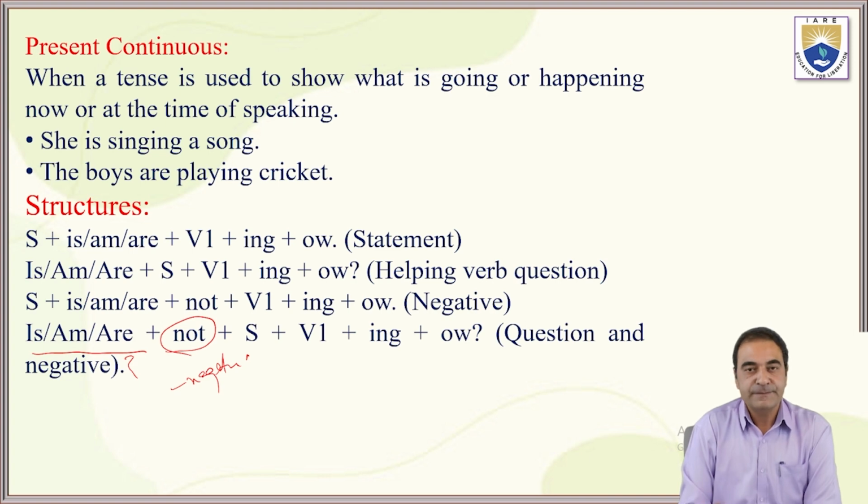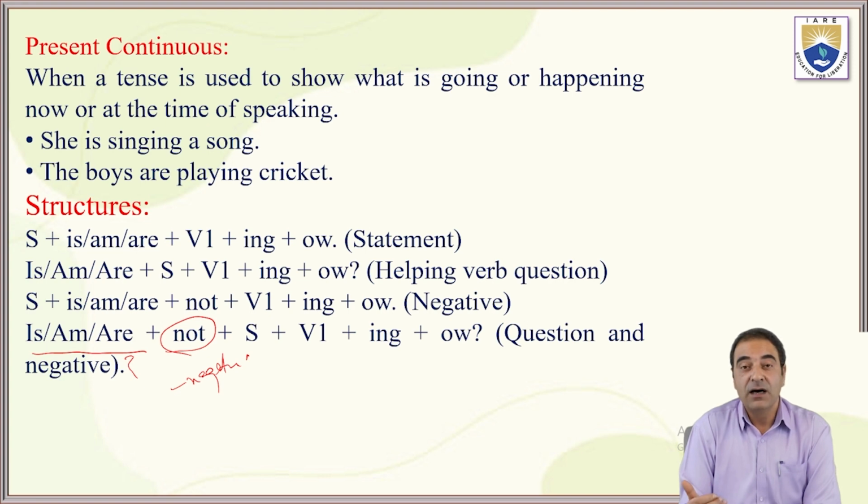And again, we use the s form, that is, is with third person singulars like he is, she is, it is, or Ram is. Any singular name, we use is.